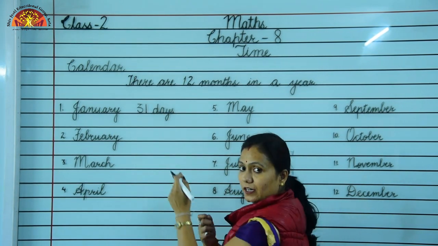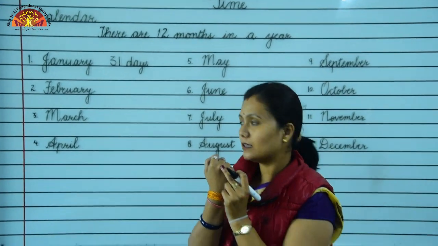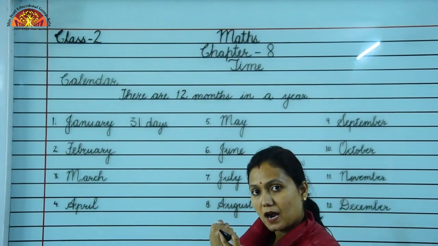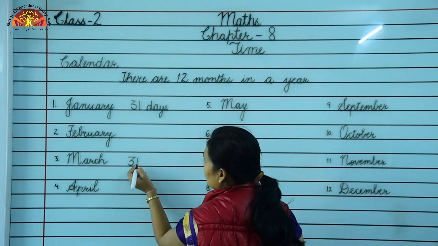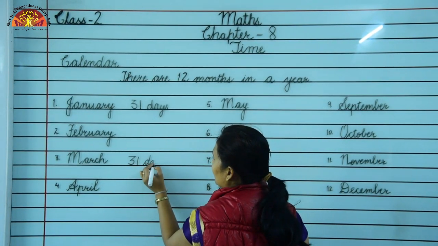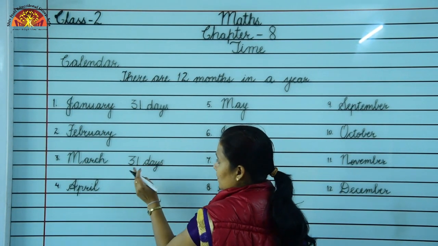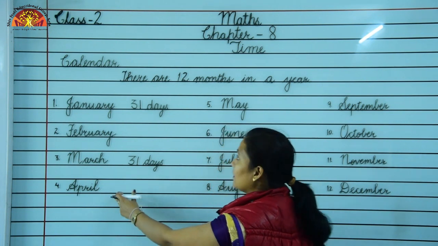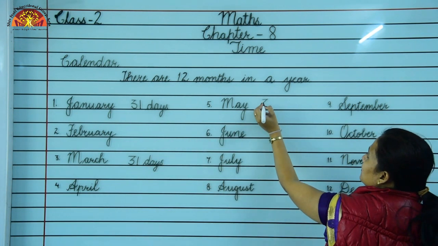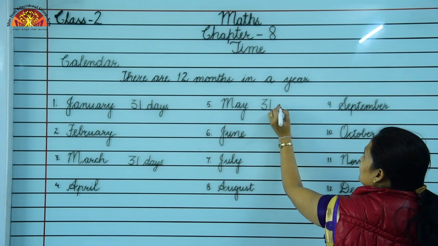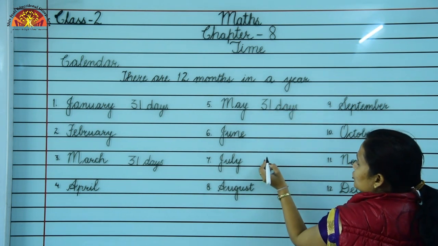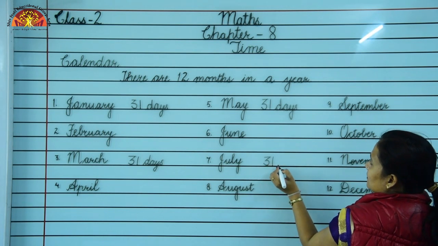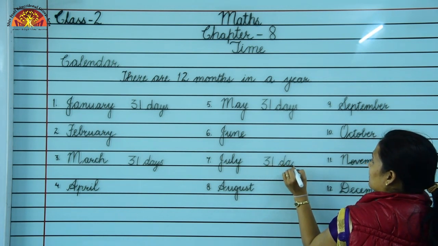After January, February, then March. March has 31 days. Then leave April. May has 31 days. Then July, 31 days.